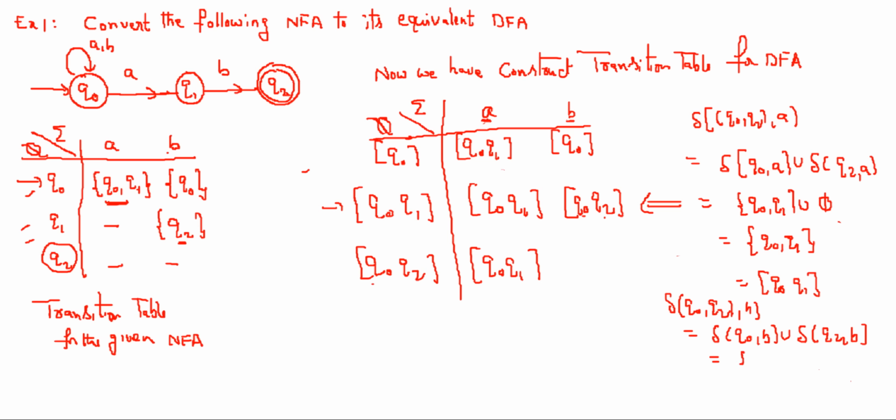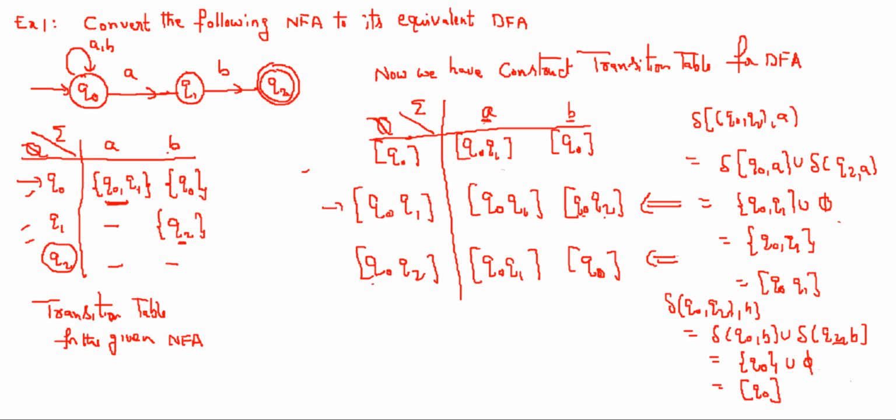You are going to Q0 only. What happens if you apply B on Q2? If you apply B on Q2, you are going nowhere. That means it is an empty state. Union empty. So now you got state Q0 as the result. This is already discussed.